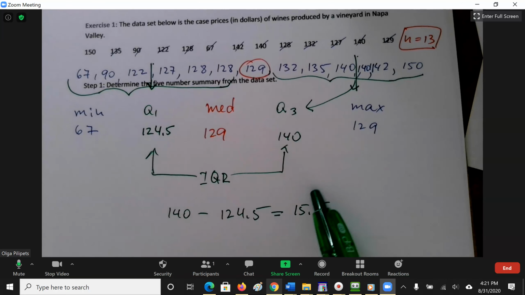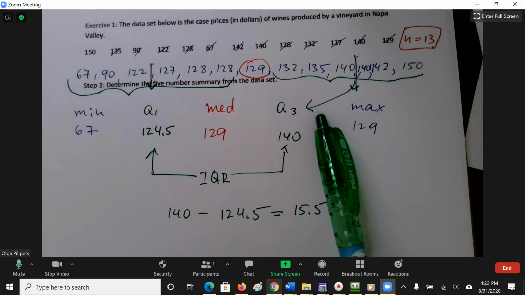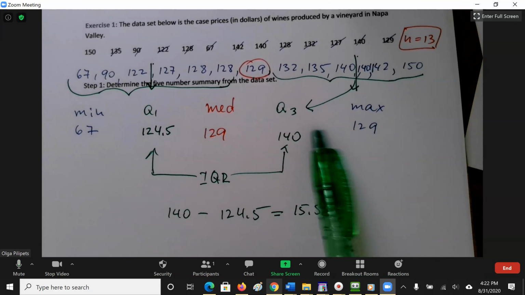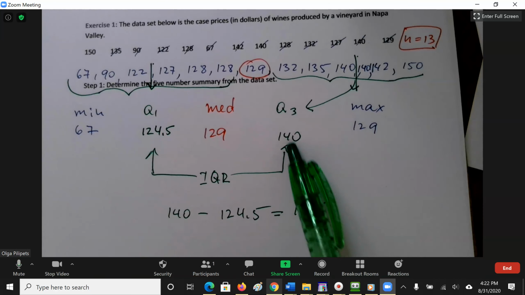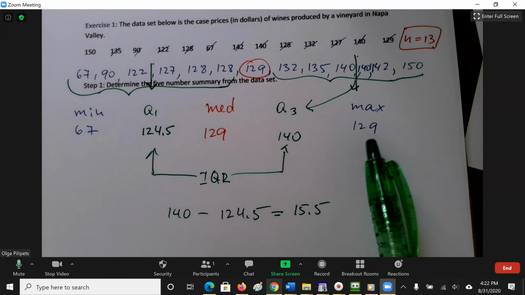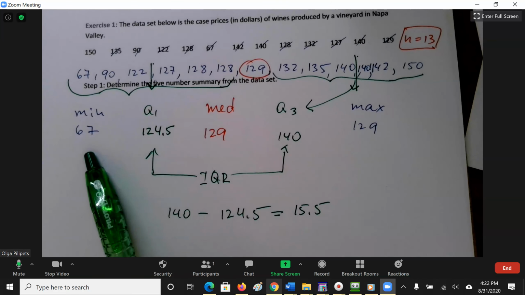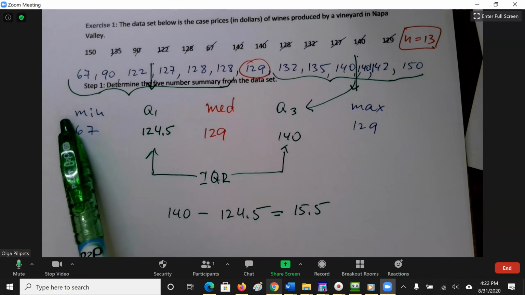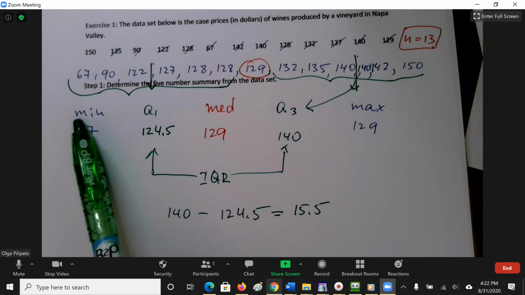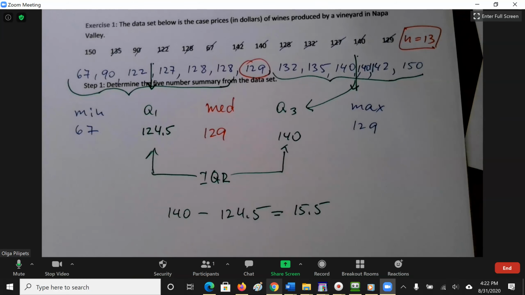Now this IQR works really well for data with outliers and for data that's skewed. Why? Because it doesn't look at the bottom 25% of the data and the top 25% of the data. It only looks at the middle 50%, which will cut out outliers. So outliers are always at the very ends, either the bottom end or the top end or both.